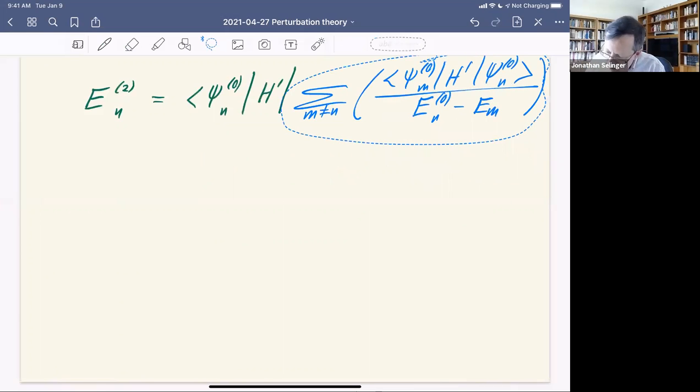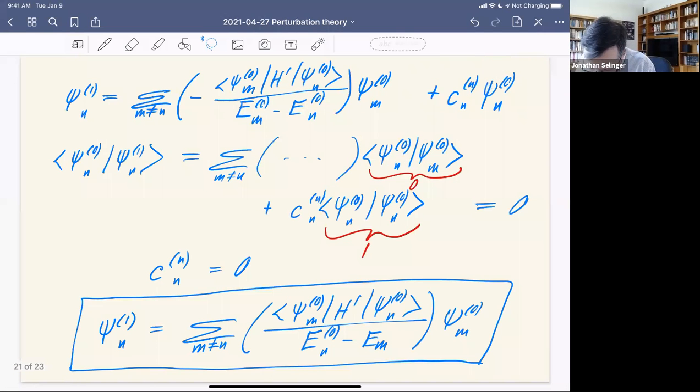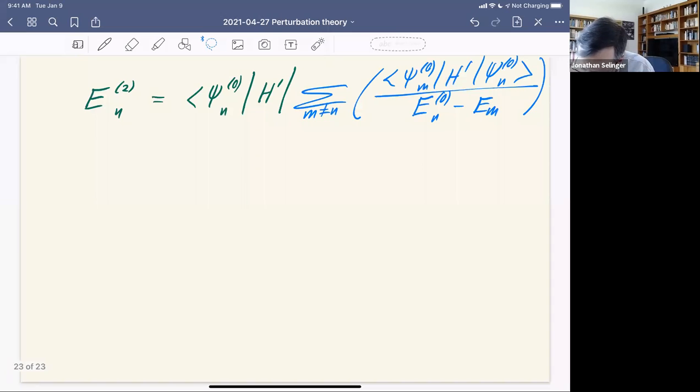Perfect. Wait, I'm seeing something missing in that equation. Did I not copy and paste the last side? There's something I didn't copy and paste. The psi 0m, like that. That cat is there too.